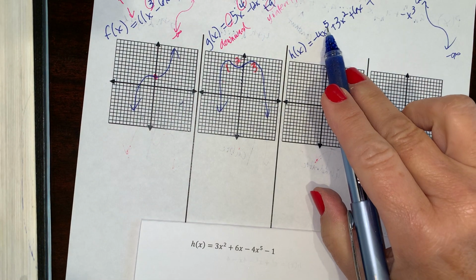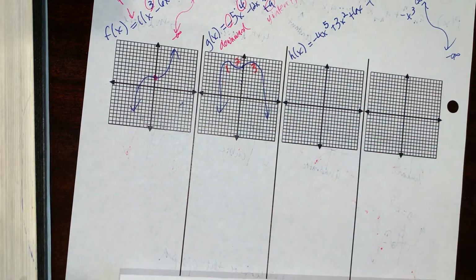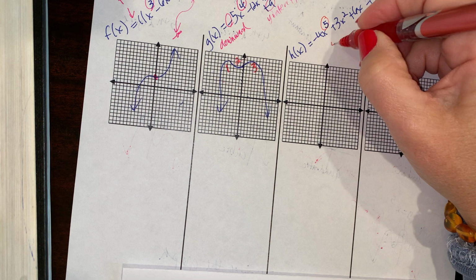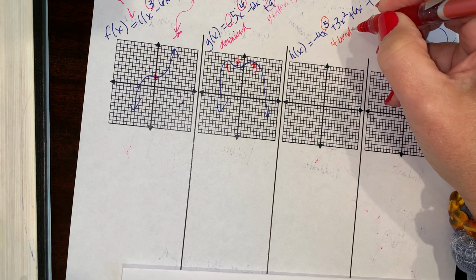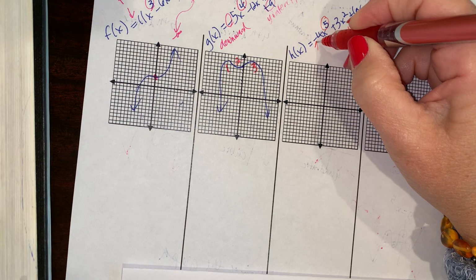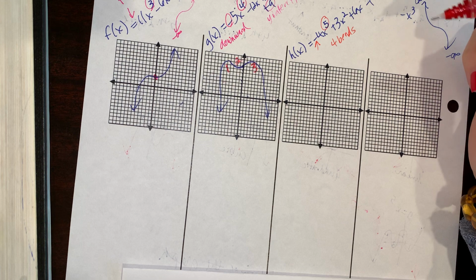So I know that this is a 5th degree, so this is an odd number. Here are some things that I can figure out. I know that I could have 4 bends in this picture. I know that it's going to be flipped from the standard form.